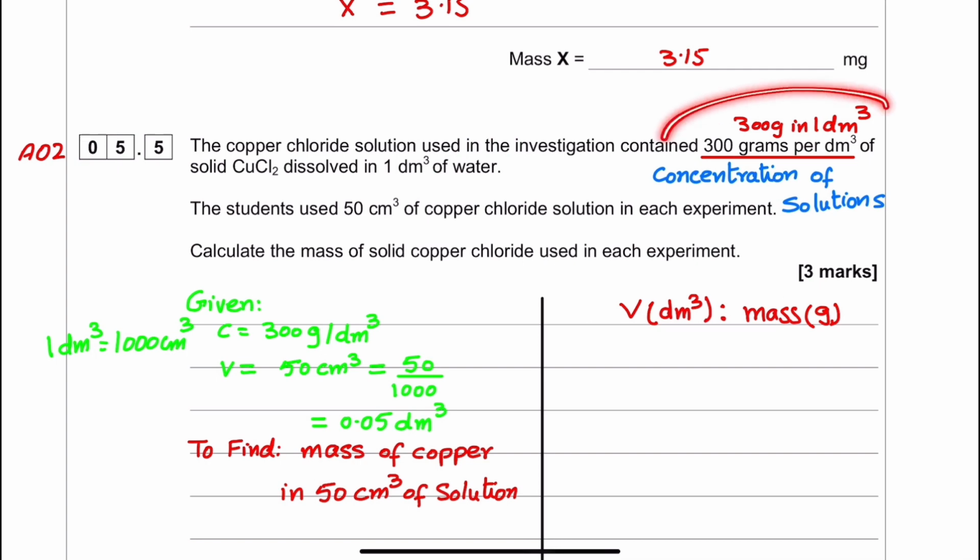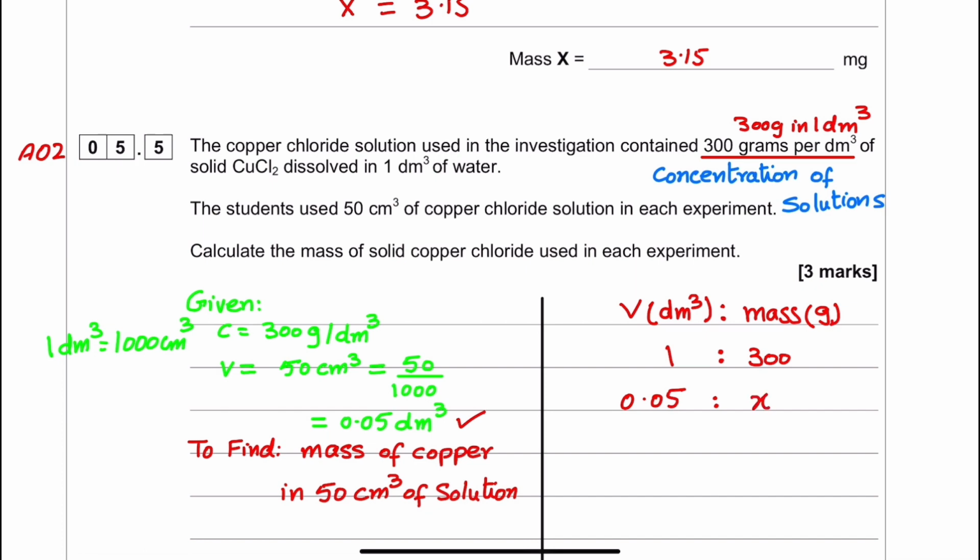We will use this information first, that 300 grams is dissolved in 1 dm cube volume of the solution. So in 1 dm cube, we have 300 grams. The other volume which is given here is 0.05 dm cube, and how much mass is going to dissolve in 50 cm cube is unknown.